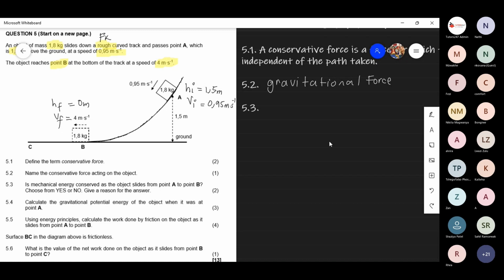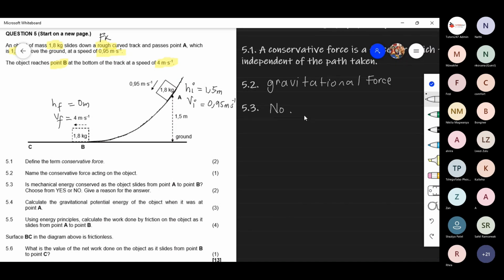So our answer is no. The mechanical energy of the system is not conserved, which means that the initial mechanical energy of the system is not equal to the final mechanical energy because frictional force is present.